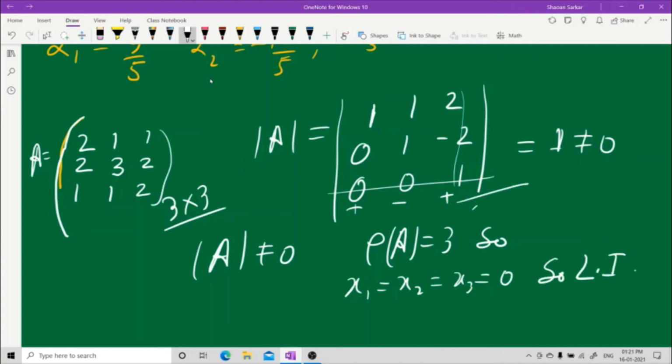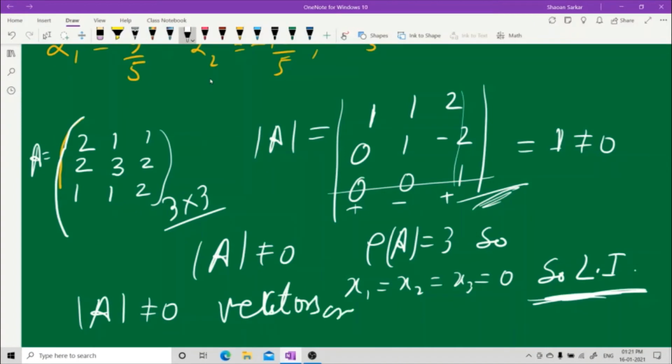I can use the determinant method. If the determinant is non-zero, then the vectors are always linearly independent. You can write this provided A is an n cross n matrix. I hope you understood this chapter.